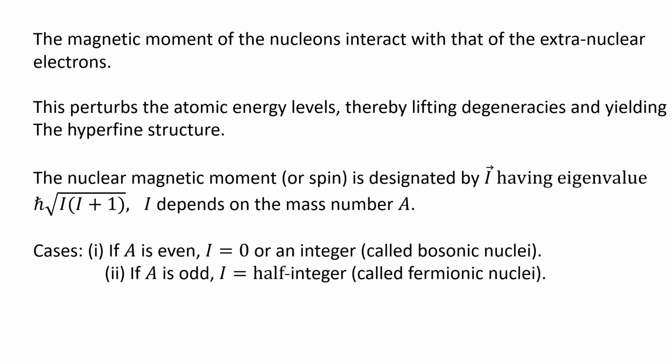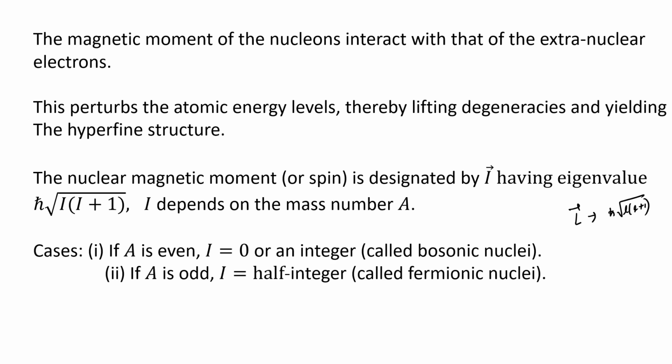We know that an angular momentum L has eigenvalues h cross times root of L into (L plus 1), where L is the orbital angular momentum quantum number, and here I is the total angular momentum quantum number for the nucleus.